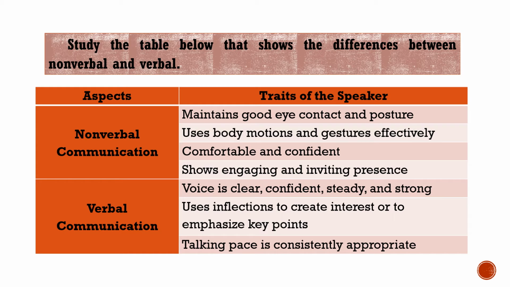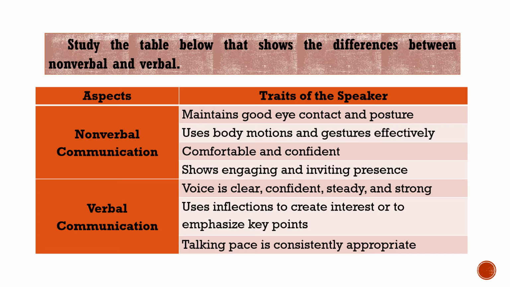Study the table below that shows the differences between non-verbal and verbal communication. The aspects are the traits of the speaker. For the non-verbal communication, we have: maintains good eye contact and posture, uses body motions and gestures effectively, comfortable and confident, shows engaging and inviting presence.